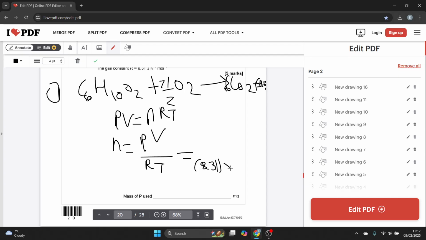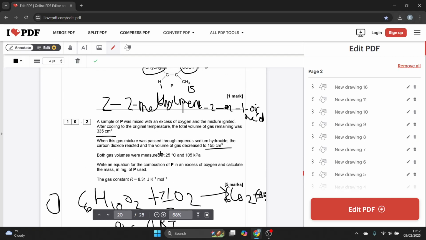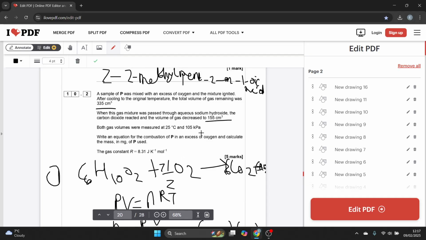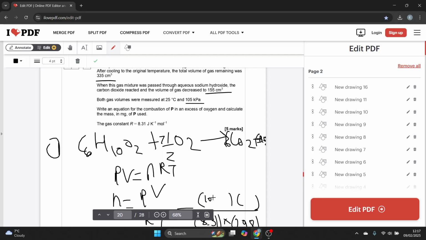So 25 degrees Celsius, I need to convert that to Kelvin, so 298 Kelvin. Then pressure in pascals times volume in meters cubed. The pressure is the same, both gas volumes measured at 105 kilopascals, 105,000 pascals.